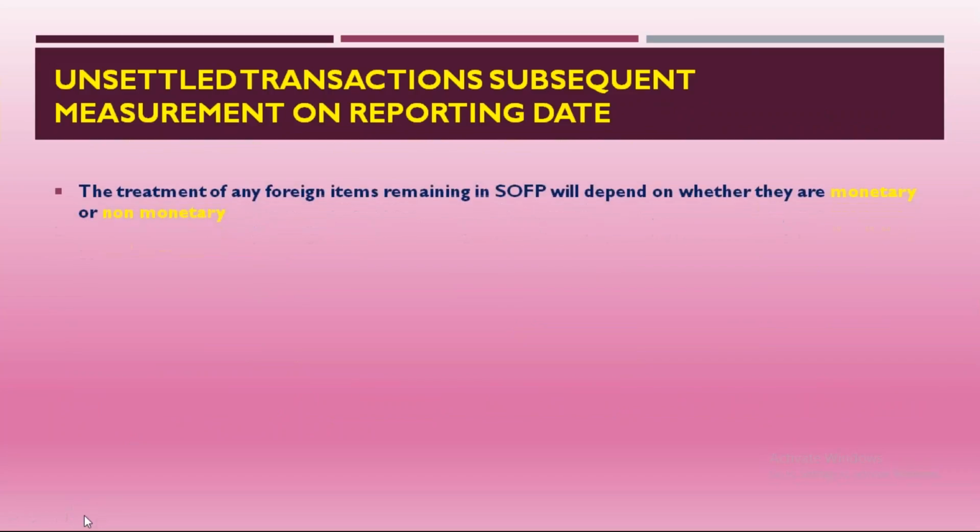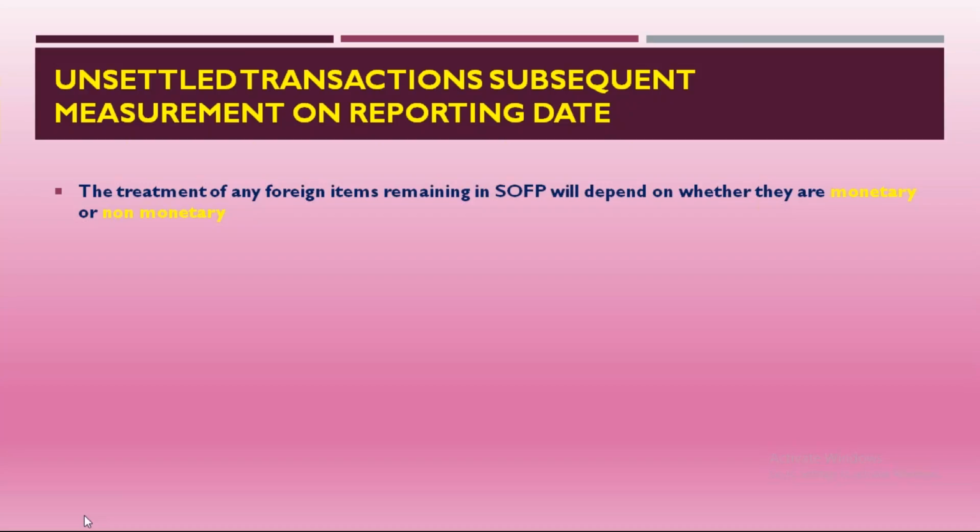But you might find something unsettled. So today you sell me some goods, we are in February, 31st March is your reporting date, and by the reporting date we have not yet settled. So there we have to see, you remember we discussed this earlier, monetary assets, monetary liabilities, non-monetary assets, non-monetary liabilities.